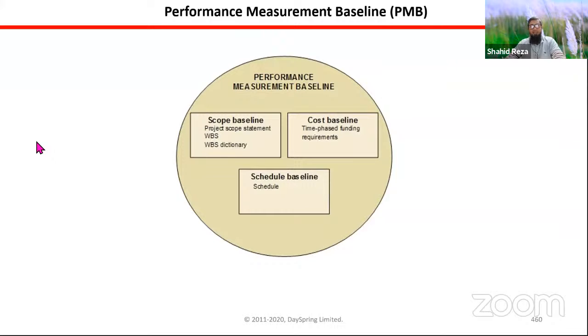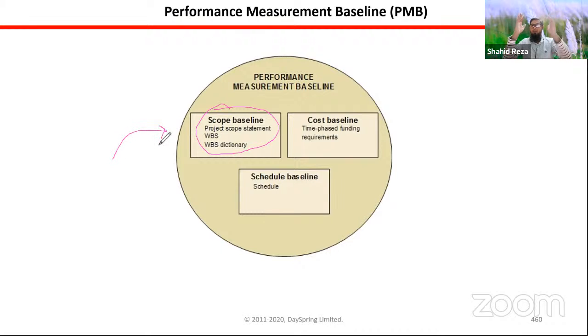So in chapter 6, let me wrap up. From chapter 6, what have we seen? We have got the scope baseline. In PMBOK, there are 3 baselines I mentioned several times. From the scope chapter, we found the scope baseline.